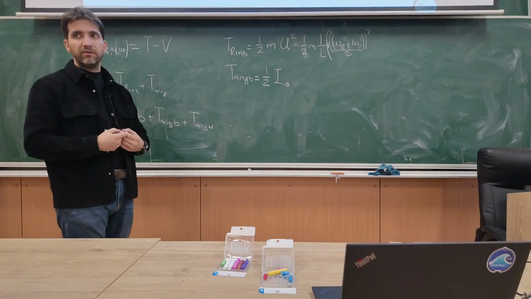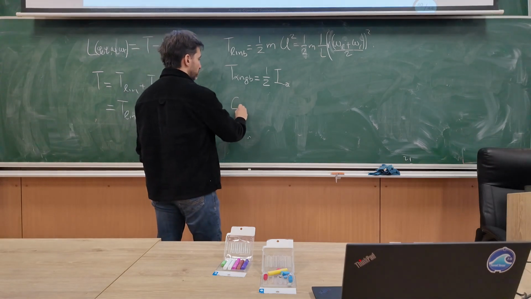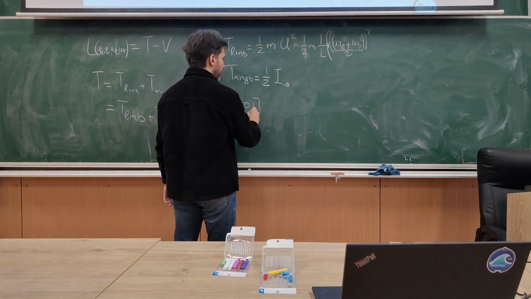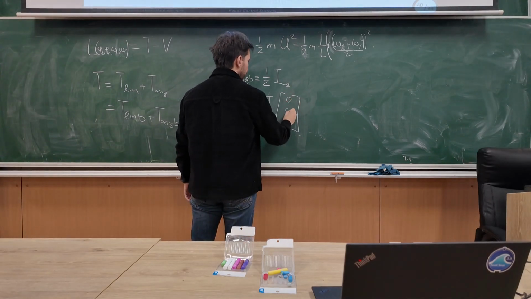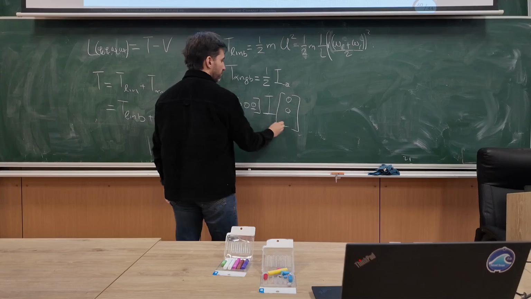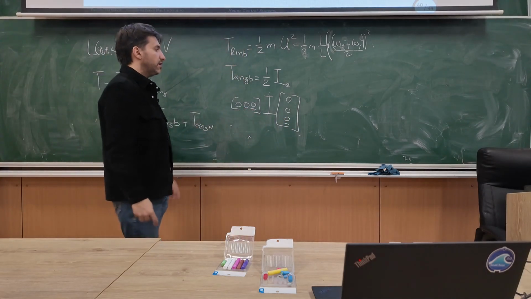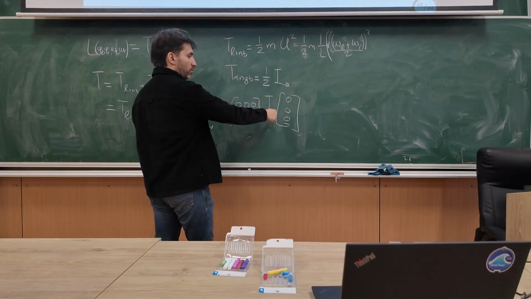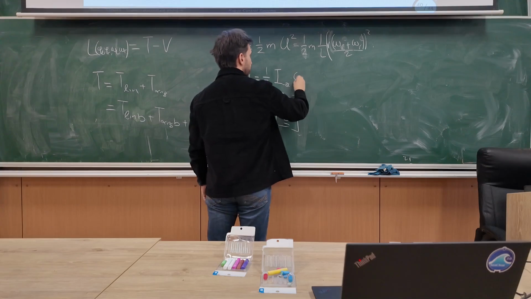If I really want to write it properly, I would have to take angular velocity as a vector, which would be 0, 0, omega, because I have only rotation on the z-axis, and I will end up just taking the Izz element from here times omega squared.